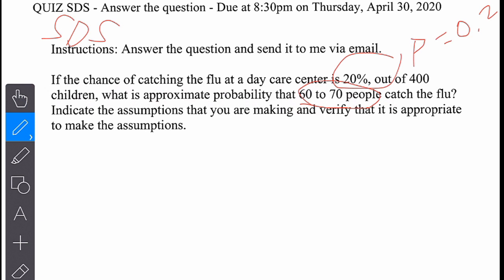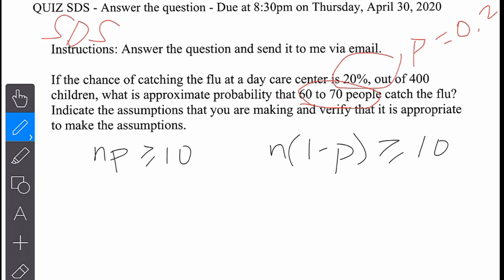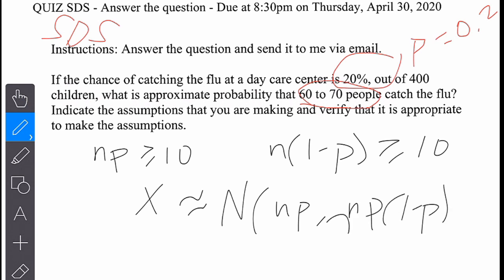We know that provided n times p is greater than or equal to 10, and n times 1 minus p is greater than or equal to 10, then I get the result that the count variable is approximately normal with a mean np and a standard deviation square root of np(1 minus p). All right, and that's what I'm interested in. I'm interested in the sample count.